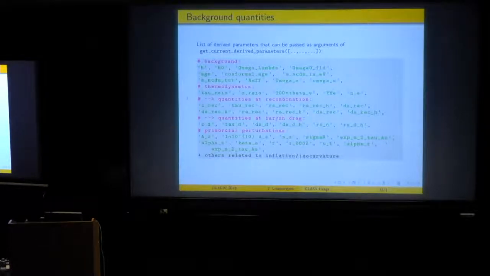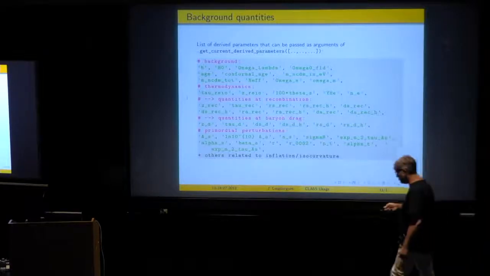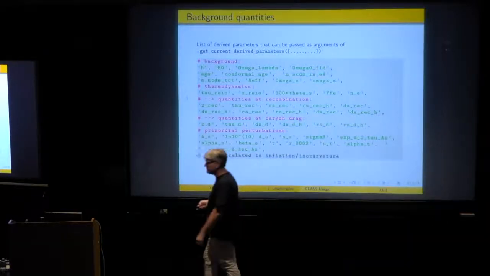So this is used a lot in BAO likelihoods. At the level of primordial perturbation, there are a number of derived quantities, like say sigma 8, for instance, and many others. And actually, there are other derived quantities related to inflation and isocurvature mode that I do not show. So in the next script, you will see how by playing with derived parameters, we extracted some useful information for the plots.